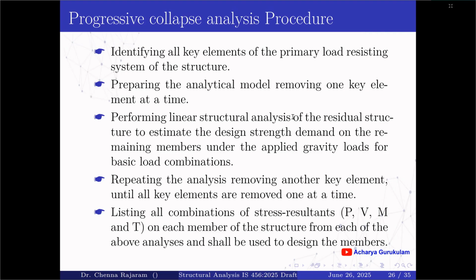Listing all load combinations of stress resultants, that is P, V, M and T on each member of the structure from each of the above analyses, which shall be used to design the members.